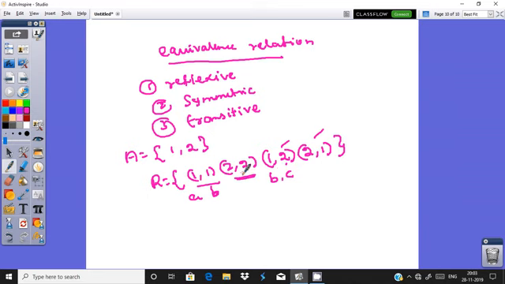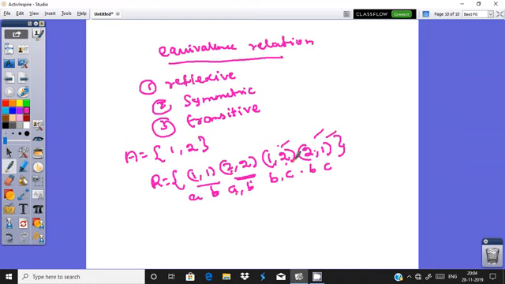So 1 comma 2 exists. So this is a transitive relation. Now you come to the next one, whether 2 comma 2 exists. Yes, this is A, this is B. Whether any relation starts with 2, yes, 2 starts here. So this is B and this is C. Whether 2 comma 1 exists, yes, A and C exist. So 2 comma 1 exists.